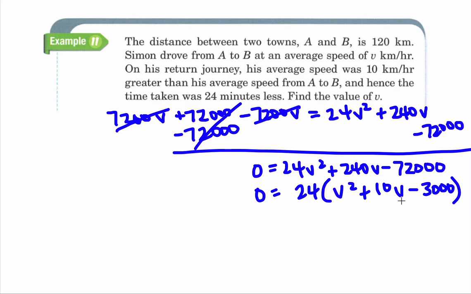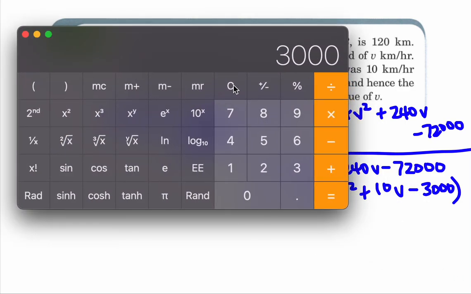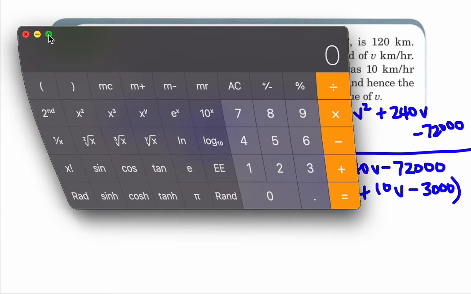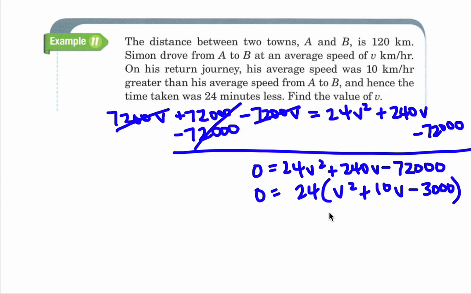I'm basically just looking for two numbers that would multiply to get to negative 3,000, but subtract essentially or add to get to 10. Let's see. Let's start with, I don't know, divide by 50 or something. Oh, hey! 50 times 60. Oh, yeah, that makes sense.